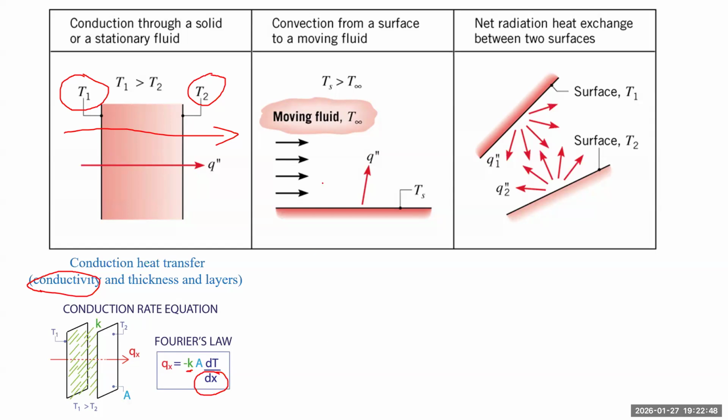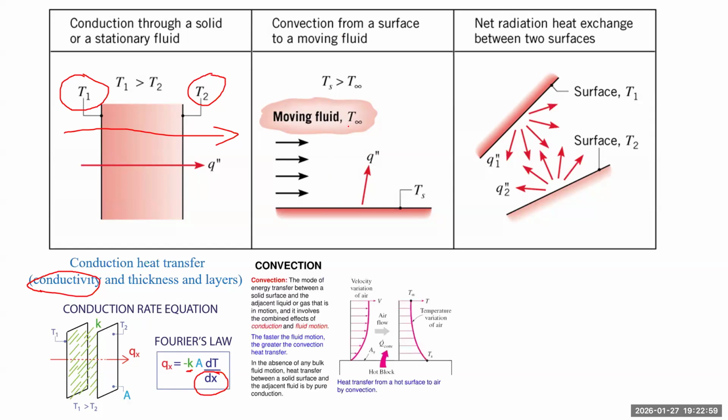However, when there is wind, for example over the roof, there is convection heat transfer. We talk about wind helping us remove heat. How? Through convection heat transfer. For urban ventilation, we know air flow can help us remove heat.